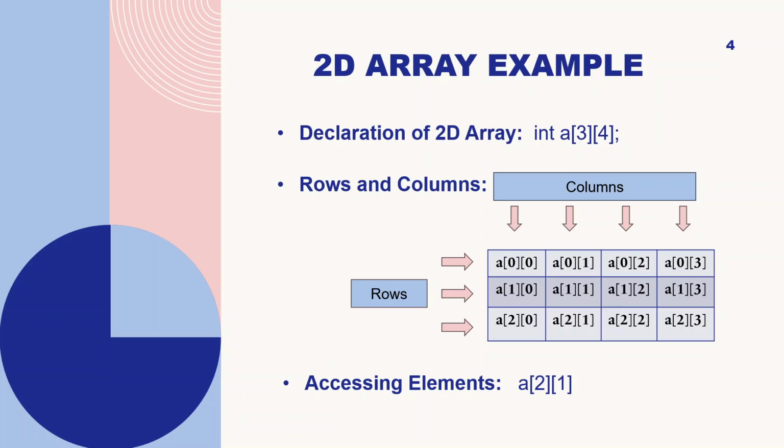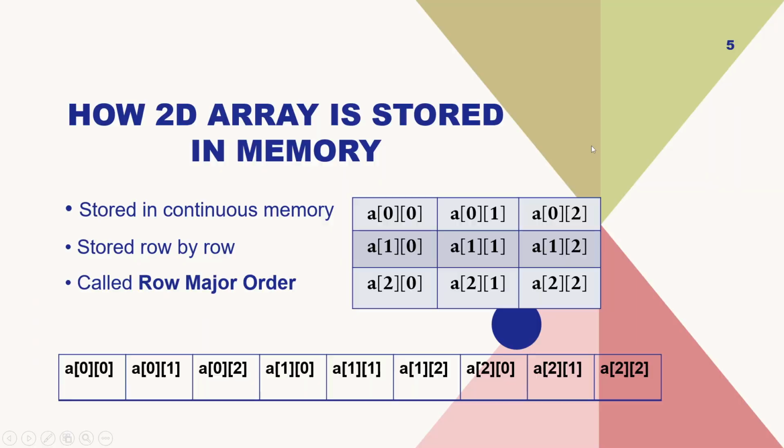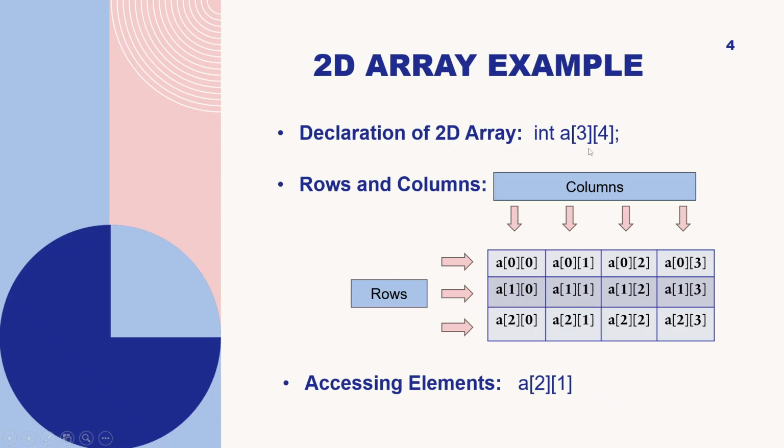This means the array has 3 rows and 4 columns. As you can see in the diagram, the horizontal direction represents rows and the vertical direction represents columns.